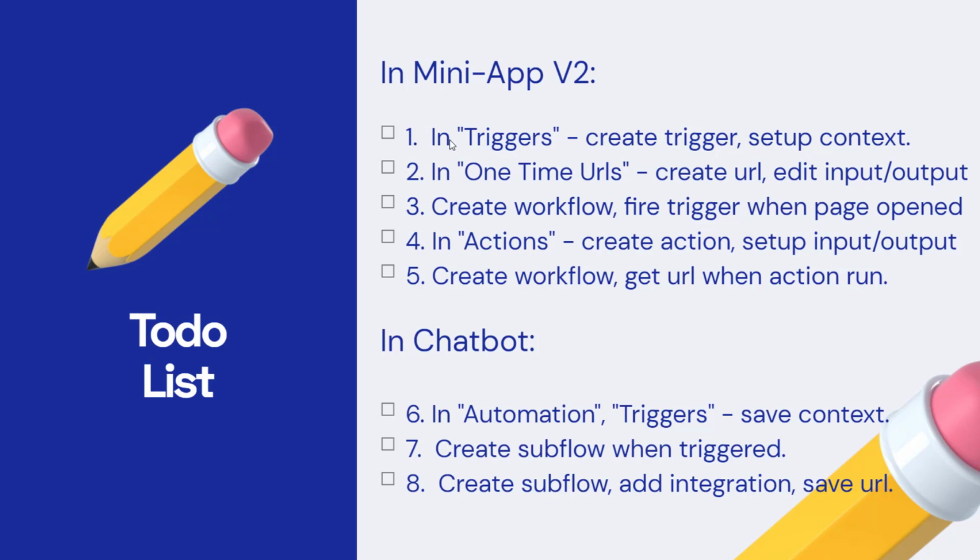Okay, the first step in triggers, create the trigger. So whenever you build a web page where you are gathering user information, you always need a trigger because you need to know when the user presses the submit button and you want to get the information back to the chatbot. So you definitely need a trigger.